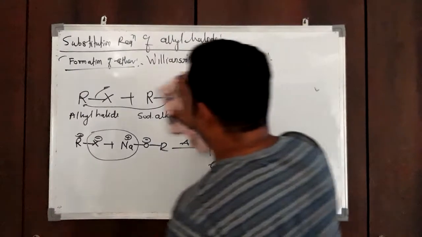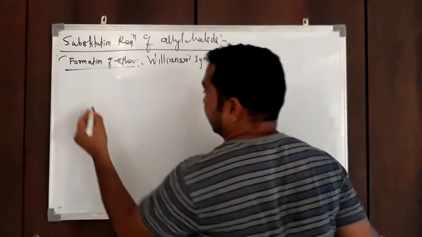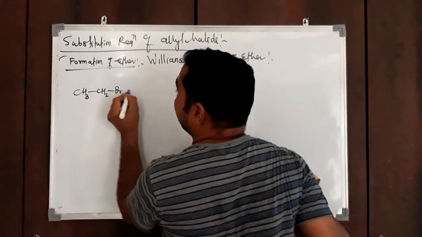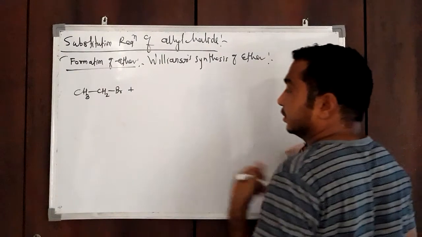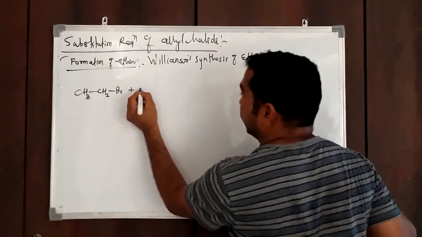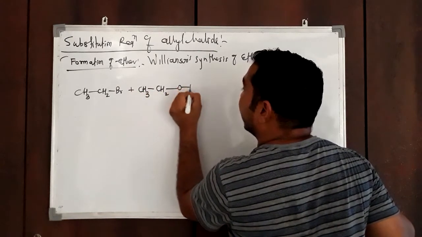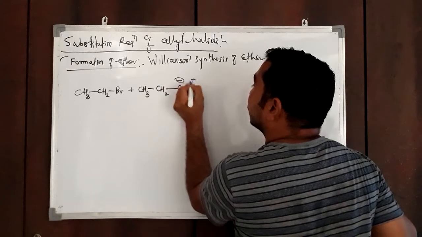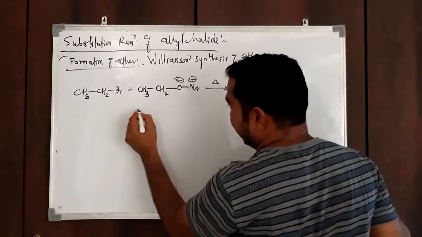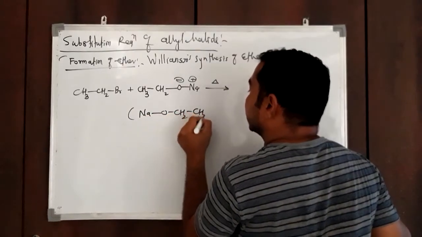Take an example. Take ethyl bromide plus sodium ethoxide, CH3CH2ONa, negative, positive, and heat them. Or simply we can write like this: NaOCH2CH3.